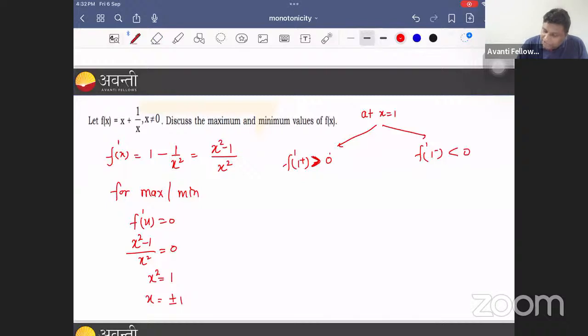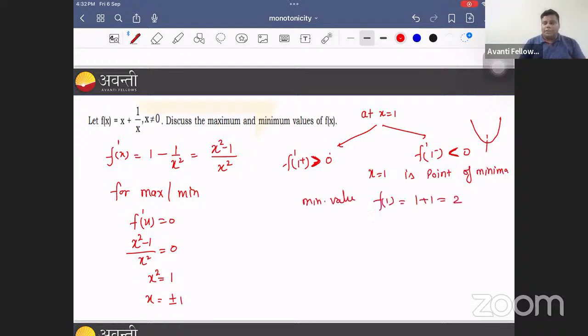To the left, the function is decreasing. So it is going from decreasing to increasing, like this. So in that case, x equals 1 is a point of minima. And the minimum value will be what? f(1) is 1 plus 1, that is 2. Minimum value will be 2.